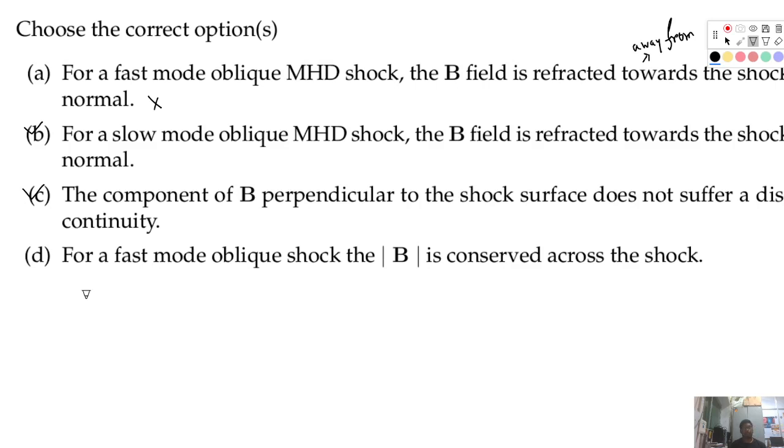So for a fast mode shock, what happens is the magnitude of the magnetic field increases in the after-shock region. Okay, so this one is done.